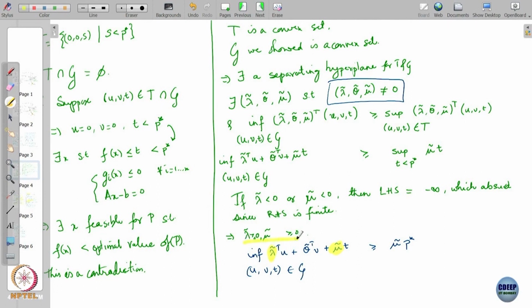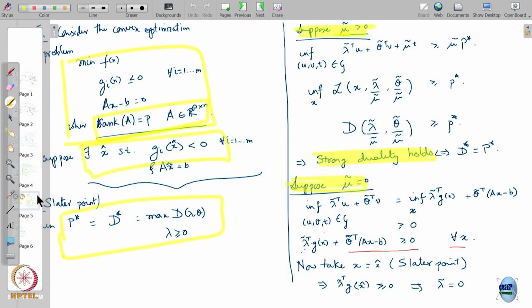The greater than or equal to 0 came quite easily, but in showing that the separating hyperplane is non-vertical, that means this mu tilde has to be positive, that's where we needed a constraint qualification. Until that point, everything works without constraint qualifications. The constraint qualification ensures that your separating hyperplane is actually a non-vertical one, and that is what actually makes your strong duality work.